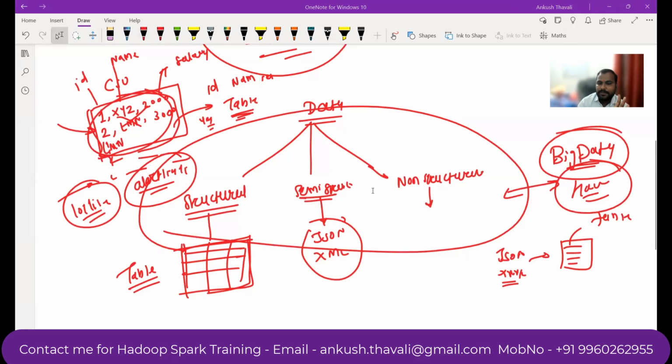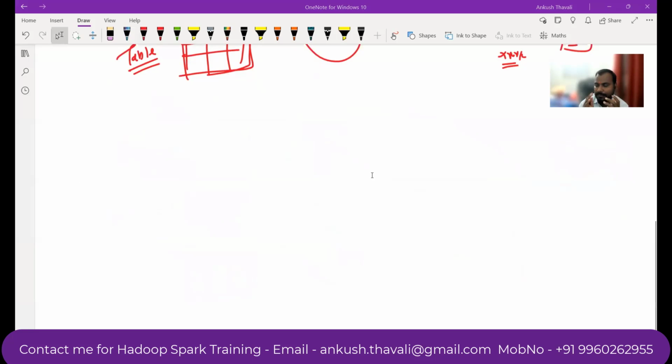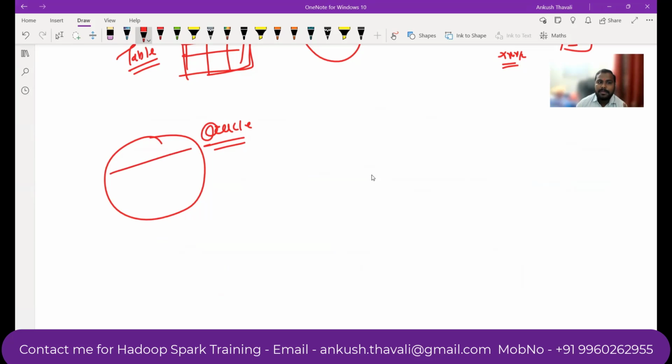Now let's try to understand the next part. Why did Hadoop come into the picture? What was the reason Hadoop came into the world? Basically, if you talk about a database like Oracle, let's say this is my Oracle database. It can store maybe 1 terabyte, 2 terabytes, 3 terabytes of data.